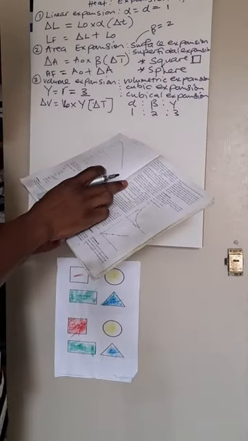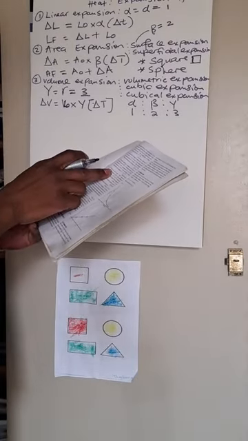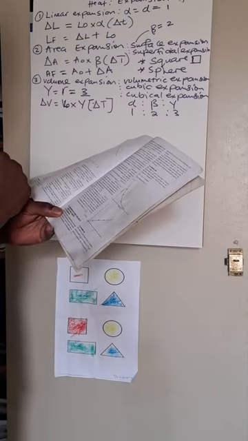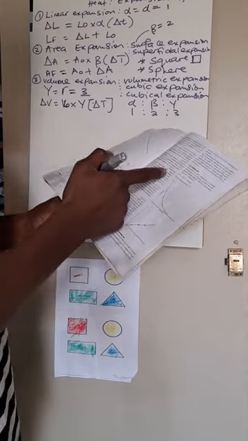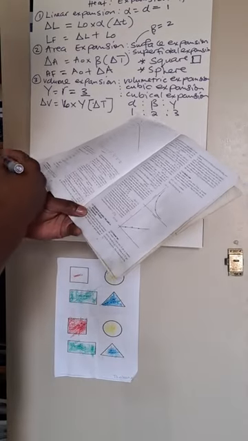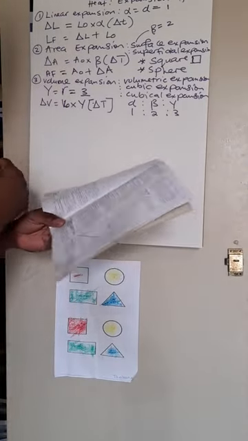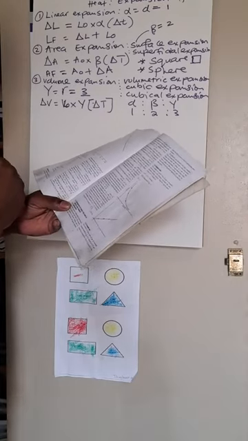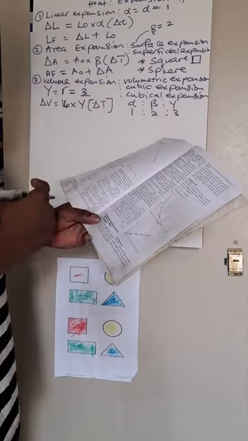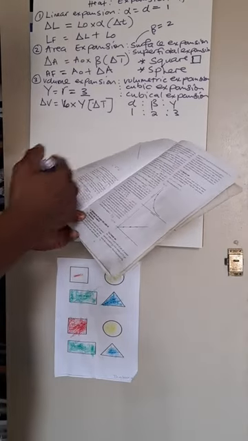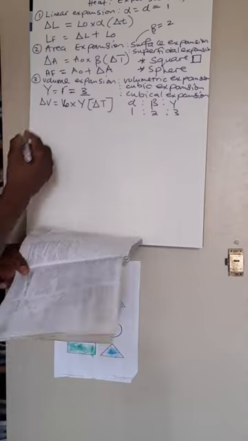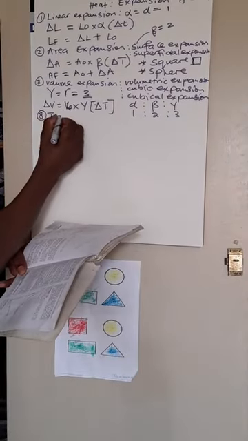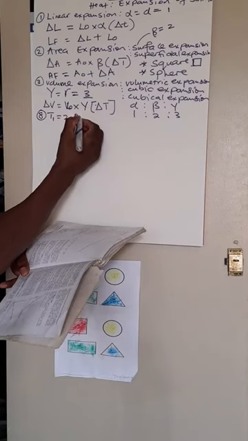Question number 8 says a block of steel is 600 millimeters by 400 millimeters by 200 millimeters at 20 degrees Celsius. It is heated to 250 degrees Celsius. The coefficient of linear expansion is given as 12 times 10 raised to the power of negative 6 per Kelvin. Now, I can summarize what we are given. Our T1 is given as 20 degrees Celsius.